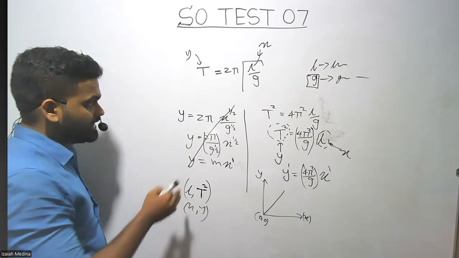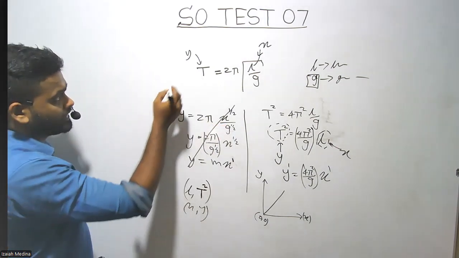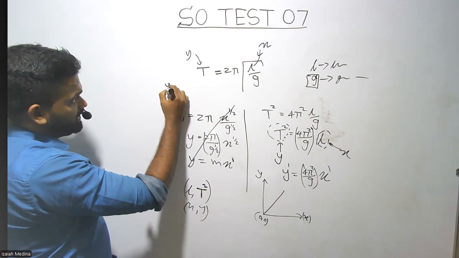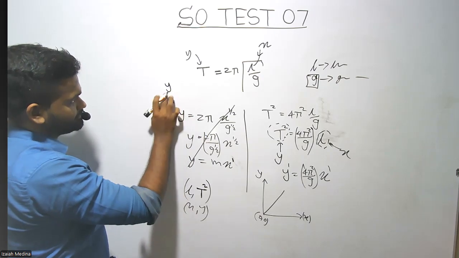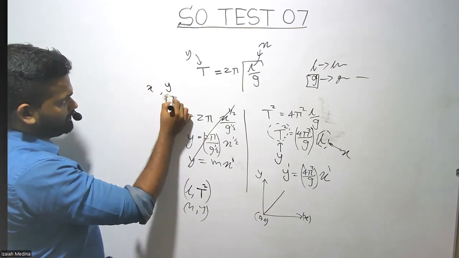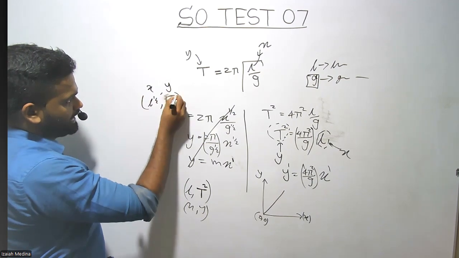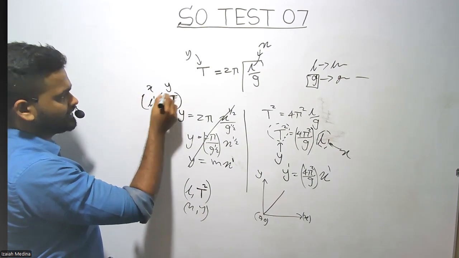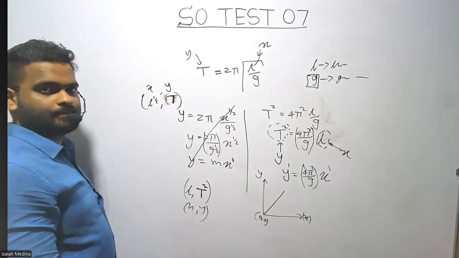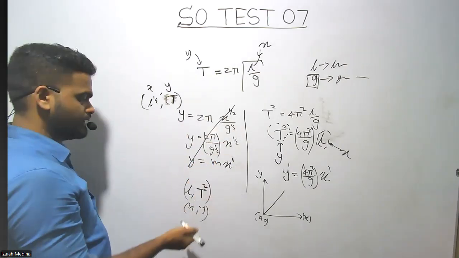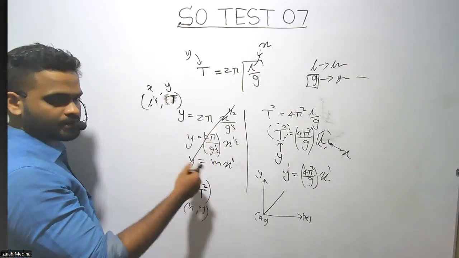Get it? If you take y as T and x as root L, then you wouldn't get a linear graph. You have to use this one in order to get a linear graph.